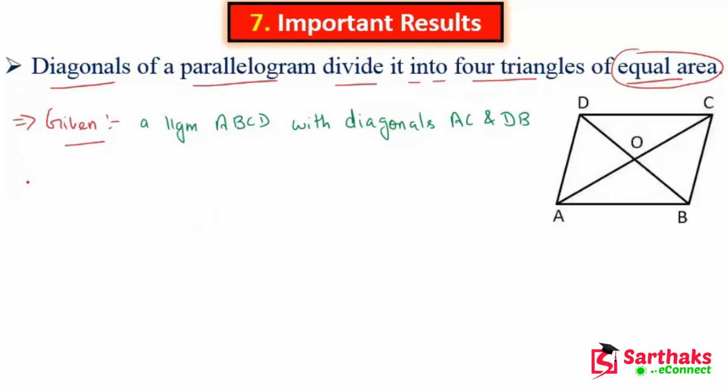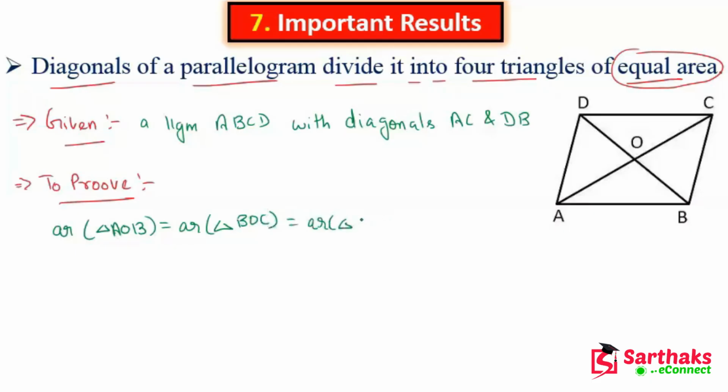And we have to prove that area of triangle AOB is equal to area of triangle BOC, is equal to area of triangle COD, is equal to area of triangle AOD.